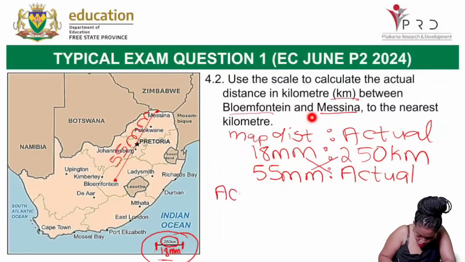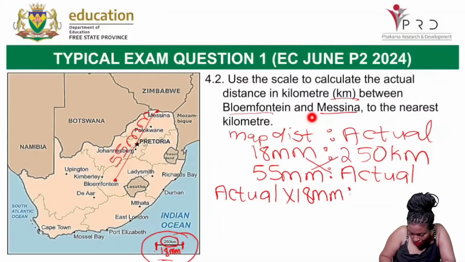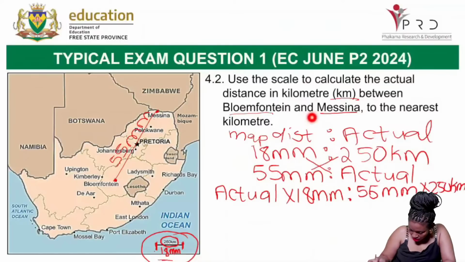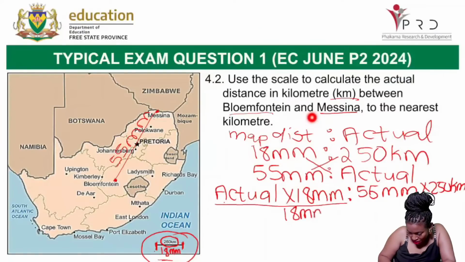So it will be the actual multiplied by 18 millimeters, and then it is 55 millimeters multiplied by 250 kilometers. Remember, I want the actual, right? So for me to get the actual, I must get rid of this 18. So I will divide by 18 millimeters.